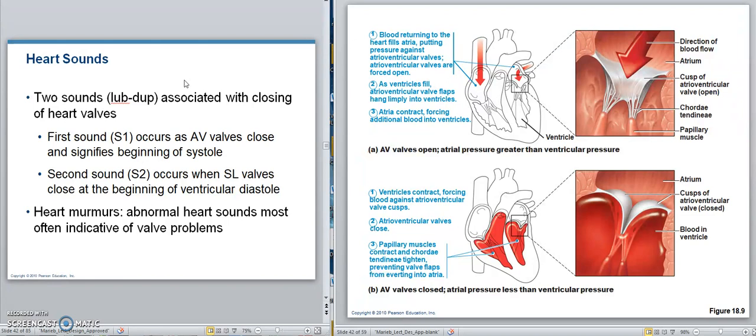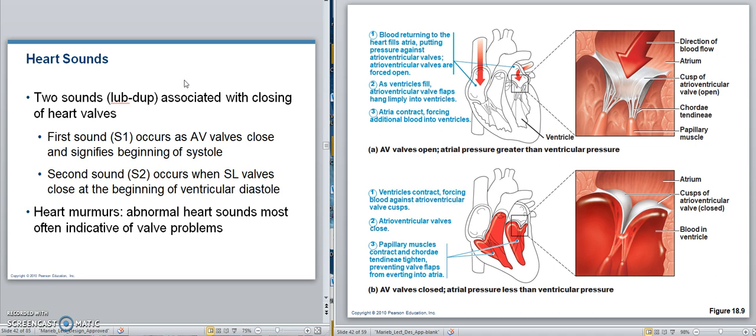Okay? The next thing they can do is palpation. Palpation is when you just put your hand on someone. And if you go back in this heart, if I put my hand on your chest, I should be able to feel the heart, and where I should feel it the hardest is the PMI, the point of maximal impulse, which is the tip of the left ventricle generally, at the 4th to 5th intercostal space at the mid-clavicular line.